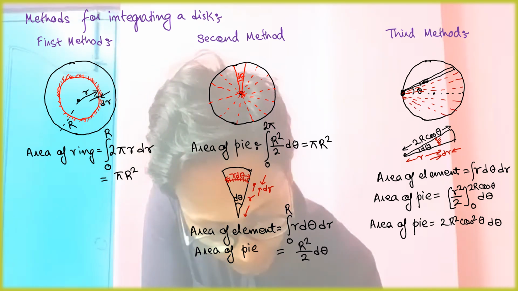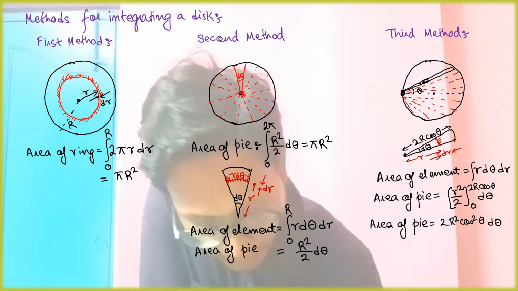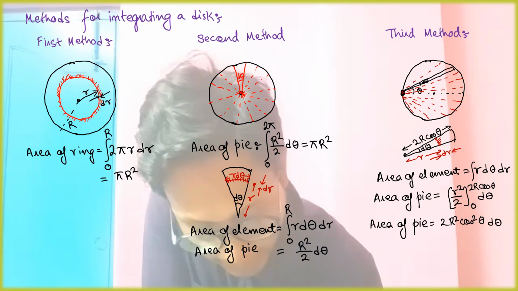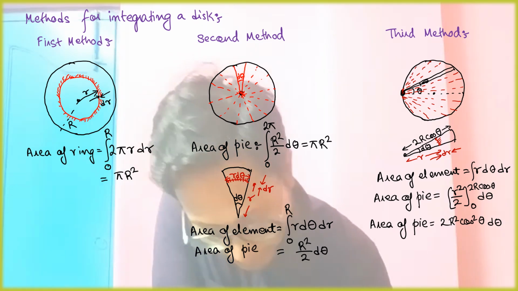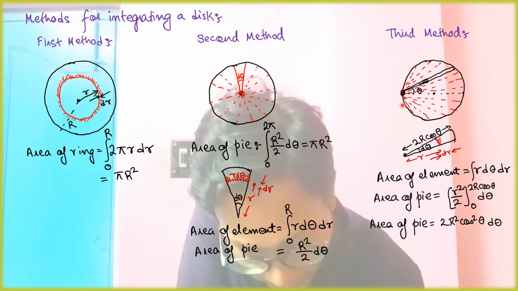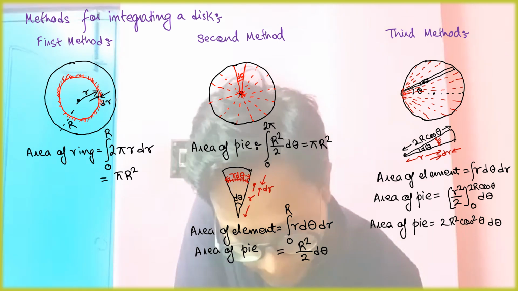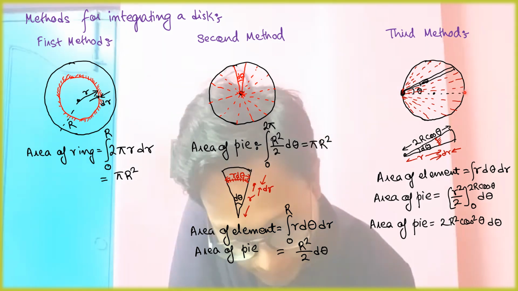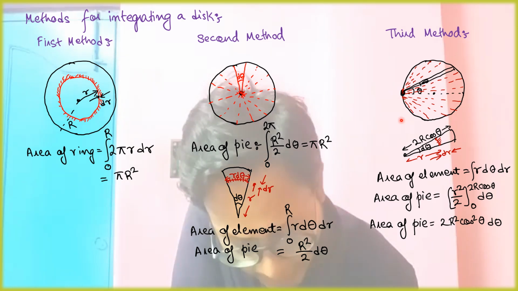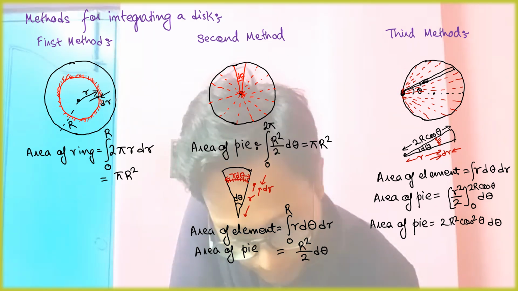If I have to integrate the entire circle, it would look somewhat like this. That means I have to integrate all these pi's. Okay. So that means my angle is going from minus pi by 2. If I'm starting from here, at theta equal to 0, I'll get half the disk. Okay. At theta equal to minus 90, I'll get the entire disk out here. At theta equal to plus 90.